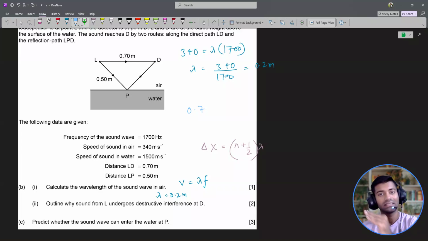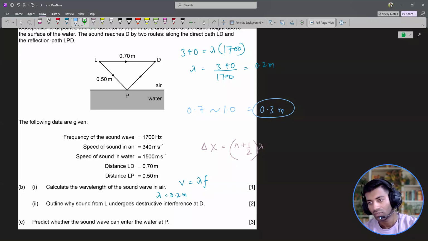So the total distance along this path, LPD, is 0.5 plus 0.5, which is 1.0. You take the difference, which will be 0.3 meters. So that's delta x. Path difference is 0.3. So 0.3 equals n plus 0.5 into 0.2.